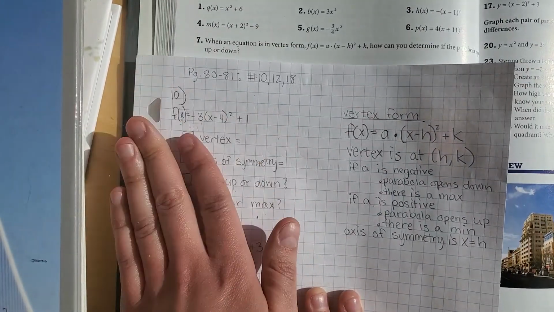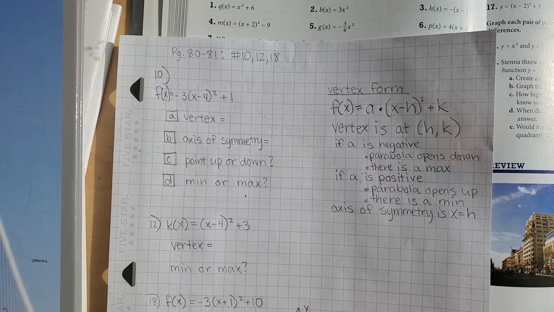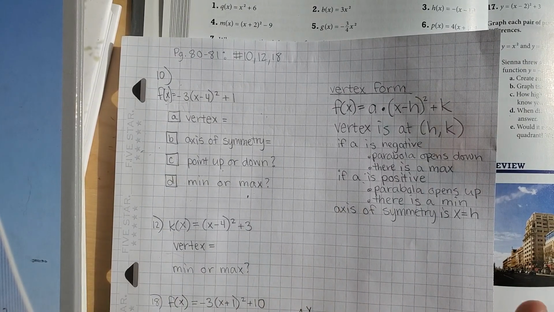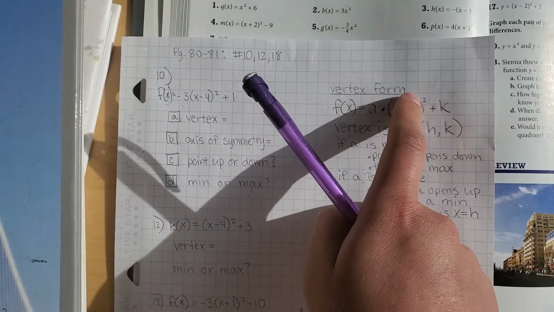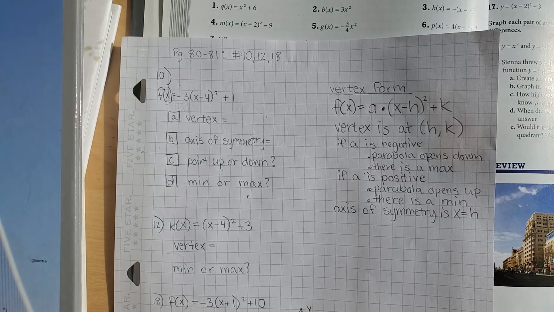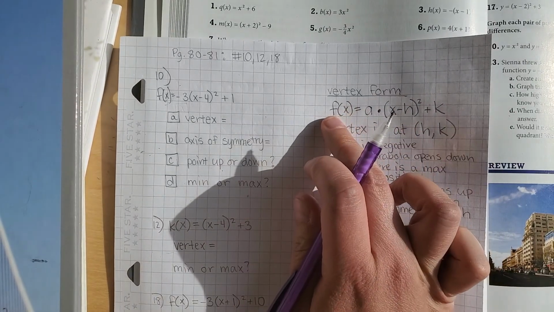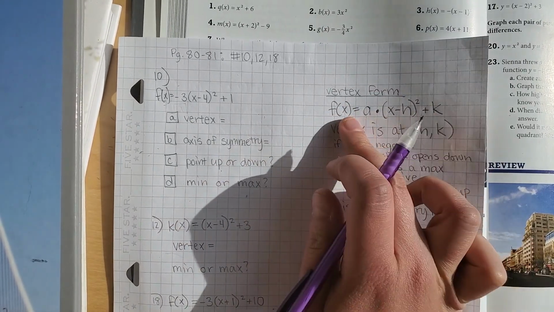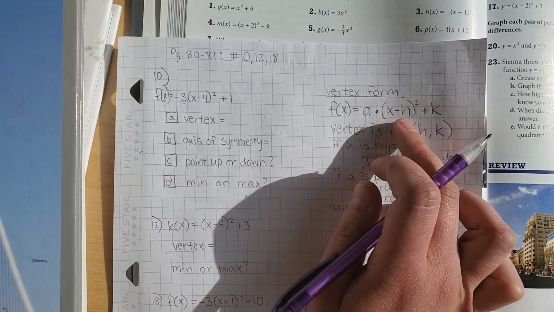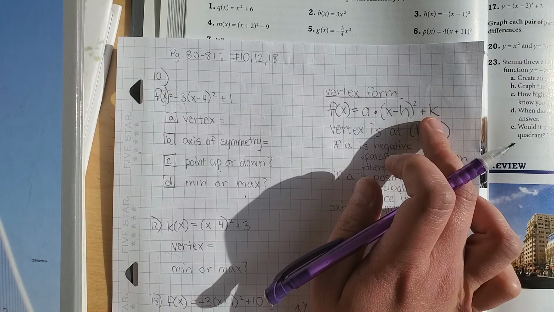It's really key that you've taken your notes for this chapter because all the answers are going to be in the notes. So this is the key notes that you need to solve these three problems here. Our general vertex form is f of x equals a times the quantity x minus h squared plus k.